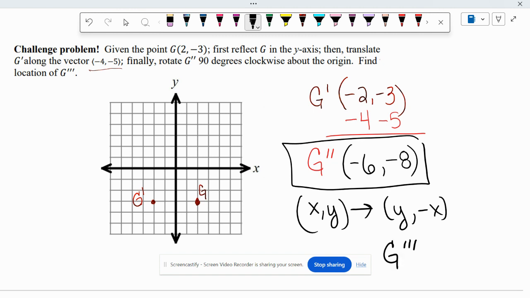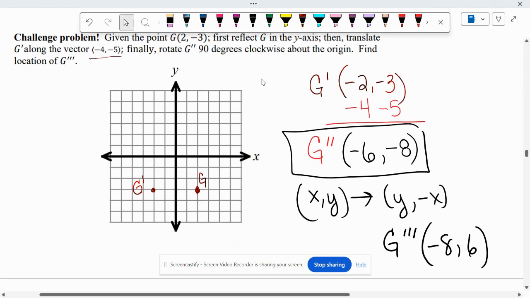It's had three things done to it now. Well, what's the y coordinate? -8. And the opposite of the x is 6. So (-8, 6). Okay.